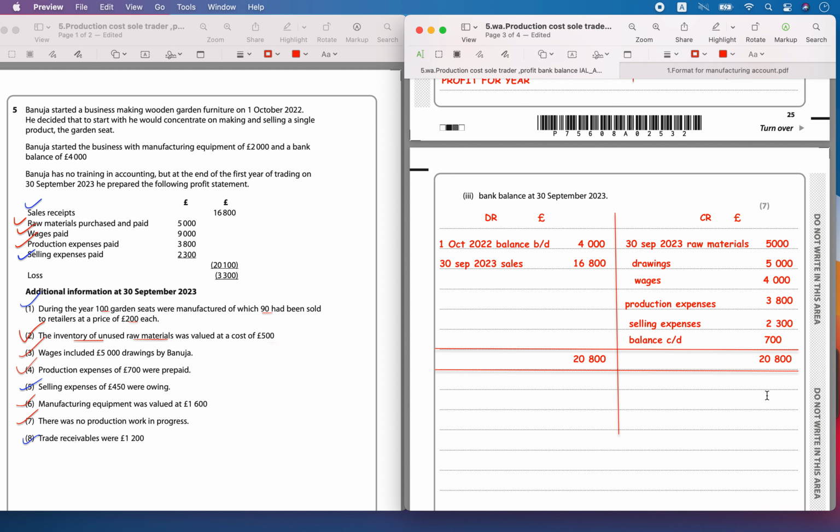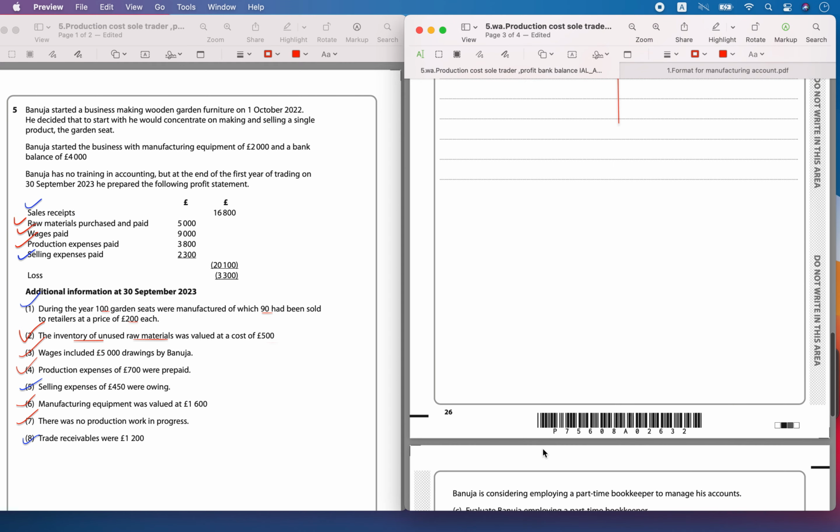This will be the same as the balance brought down on the first of the next month. So this is how you will prepare the bank summary. On 1st October 2023, the balance brought down was this much.